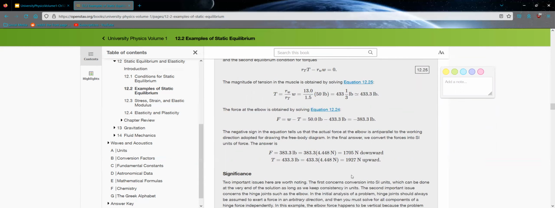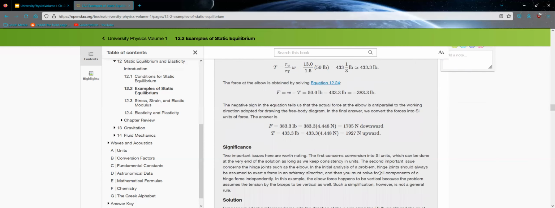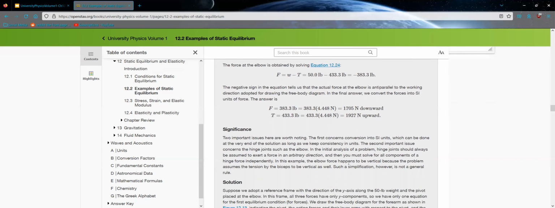So when we multiply these things out and turn them into newtons, we land ourselves that the force is pushing downward with 1,705 newtons, but the tension in the muscle is upward of 1,927 newtons.